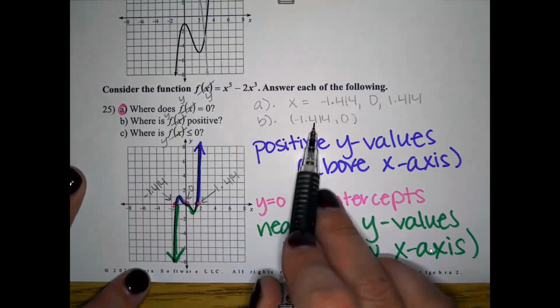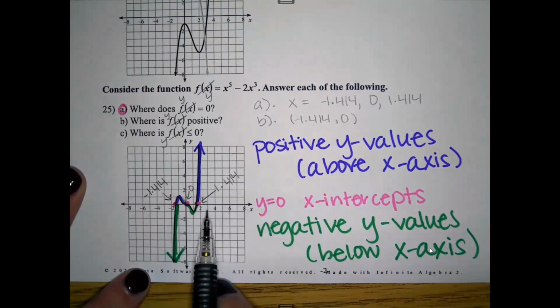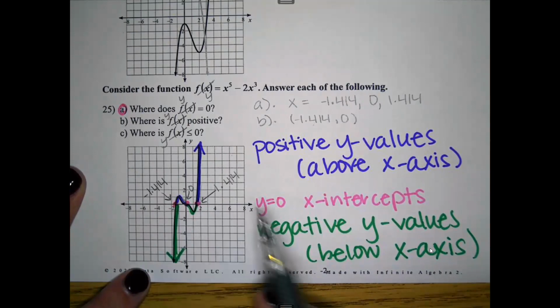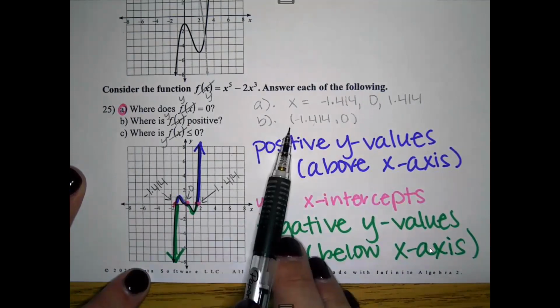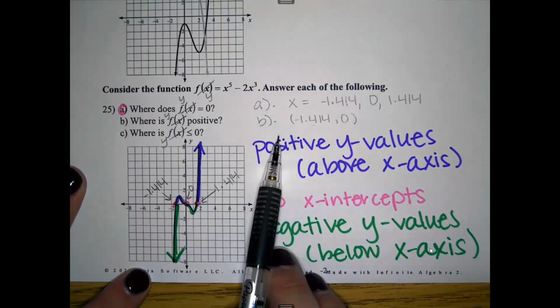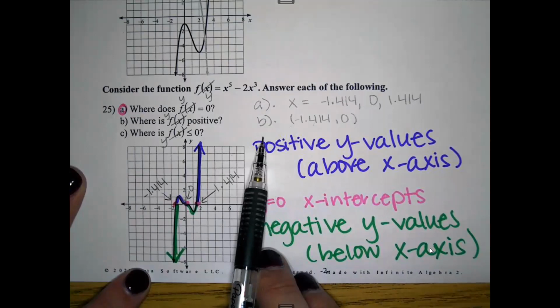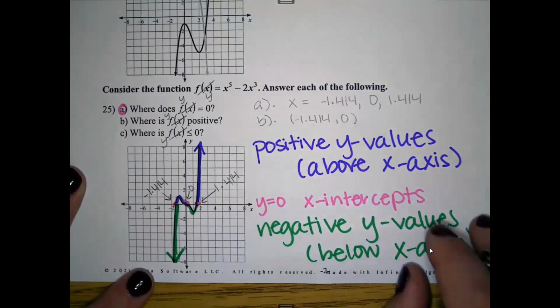Plug in negative 1.414, what's the output? 0. Plug in 0, what's the output? 0. Is 0 considered a positive or a negative number? It's in between. So we put a parenthesis there because it's like neither. It's like in between positive and negative. Does that make sense? Okay. So that's why we put the parentheses. That was good for her to notice that.